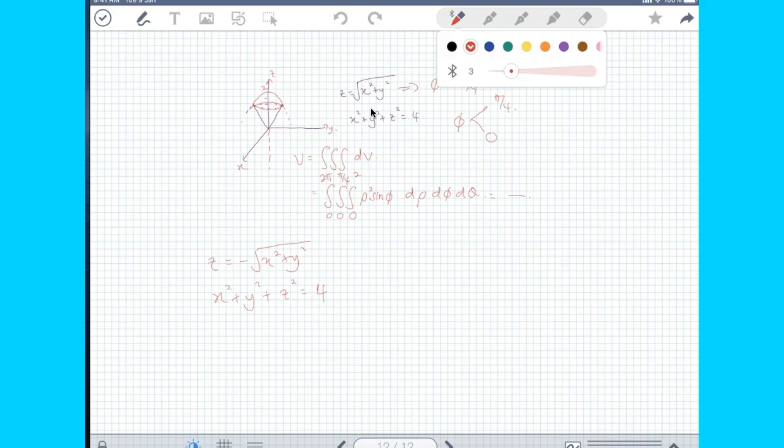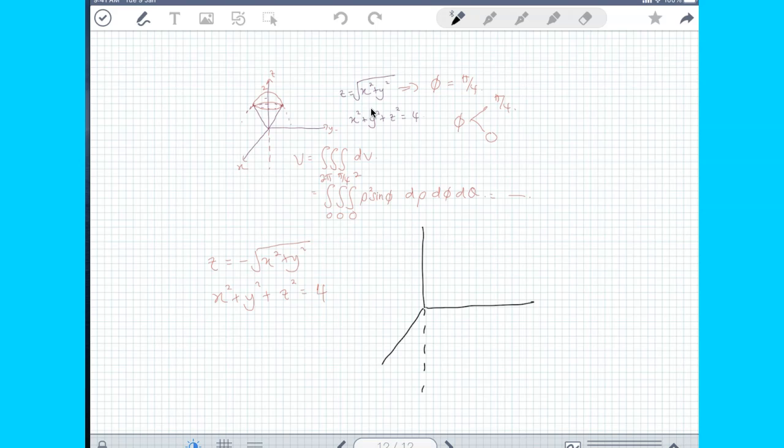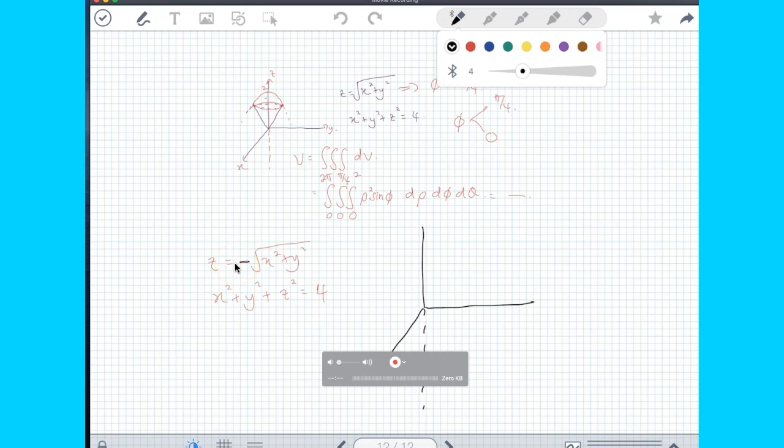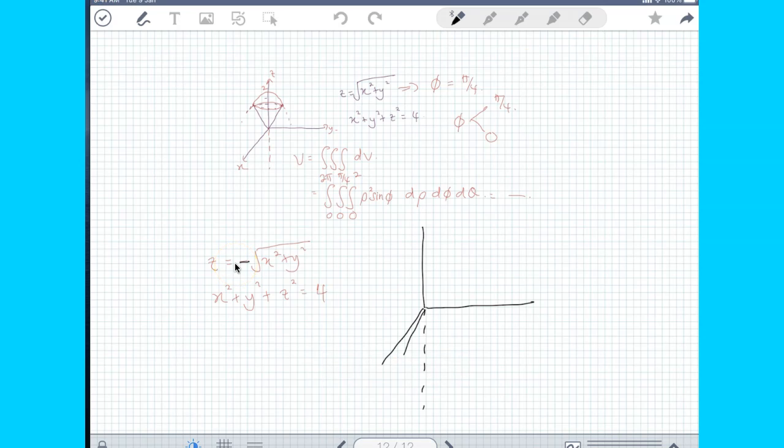Now your sketching becomes, you have a cone concave down, right? You have a cone concave down because now you have a negative sign here. So now your cone looks like that. For this particular surface we have a complete surface, right? We have the positive one, and we also have the negative one.